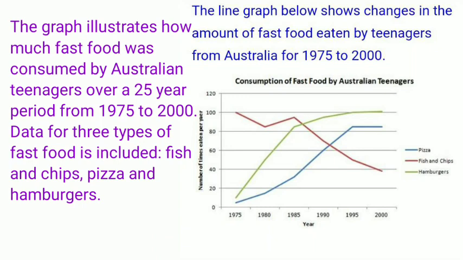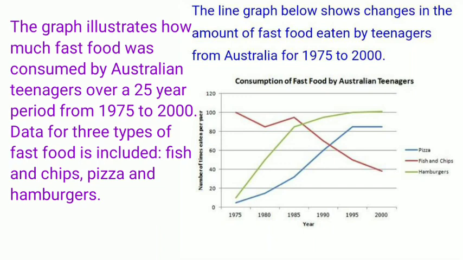The noun phrase, I told you, is the data represented in the graph, like the number of students in the class, the rate of employment, or in this example the number of pizza meals eaten by teenagers in Australia. For noun structure you can write: there was, a or an, adjective, noun, in, noun phrase. So this structure can be used. For example, there was a slight decrease in the number of pizza meals eaten by teenagers in Australia.